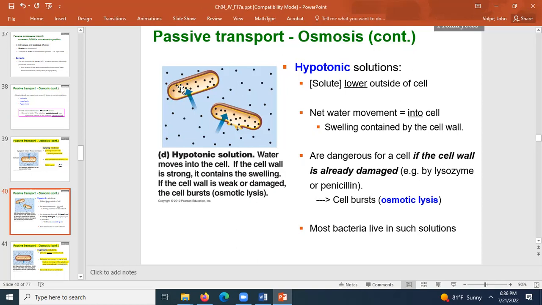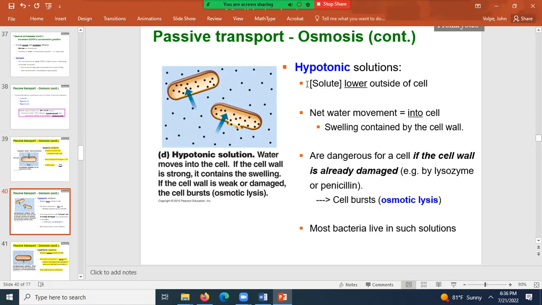And that will limit water moving into the cell, meaning no further water can move into the cell because the plasma membrane cannot expand any further. So there will be no further water moving into the cell when there's a cell wall. And that protects bacteria as well as algae and plants from dying when they're put in a hypotonic solution.